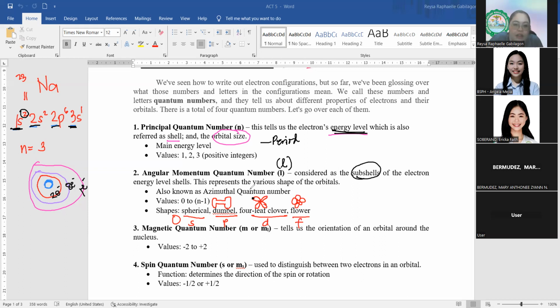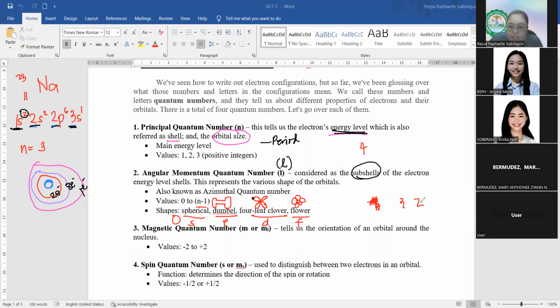So the values here can be 0 to n-1. Ang ibig sabihin ng n-1, n remember is the principal quantum number, hindi pwedeng magpantay ang principal at saka angular. If 4 ang principal, hindi pwede na 4 din ang sa angular. Okay?